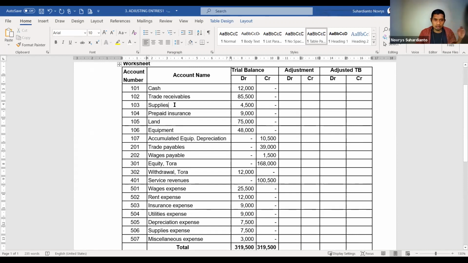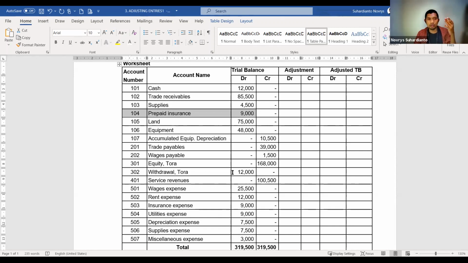Supplies: you already paid the cash, and the supplies contain future benefit. You need to adjust later if you use the supplies, right? Similarly, prepaid insurance: you already paid the insurance premium, and the premium gives you future protection.